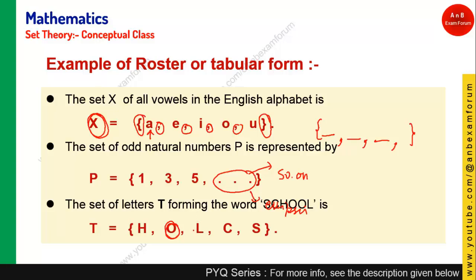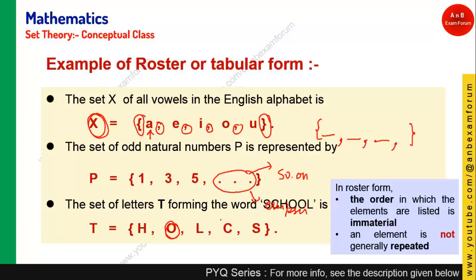So remember, in roster form the order is immaterial and an element should not be repeated. This is the main property of the roster form.